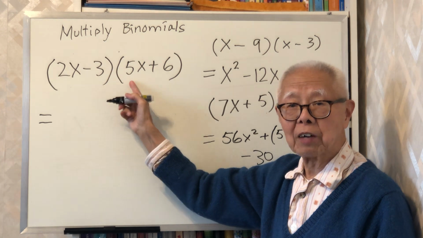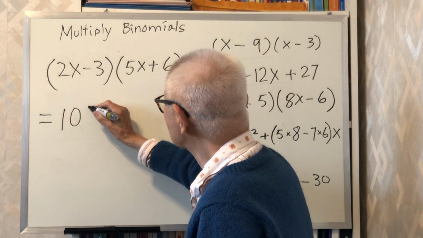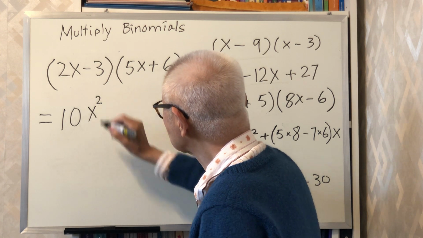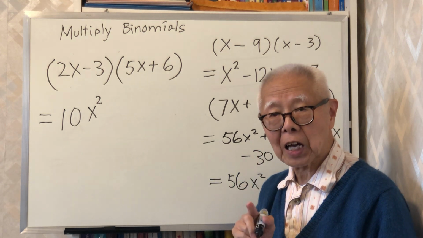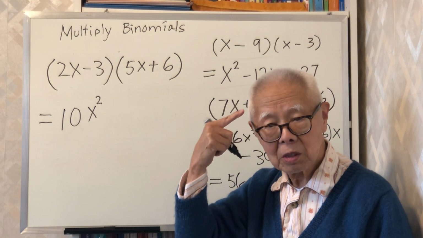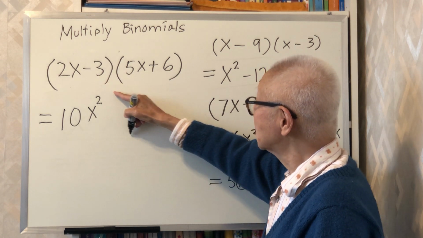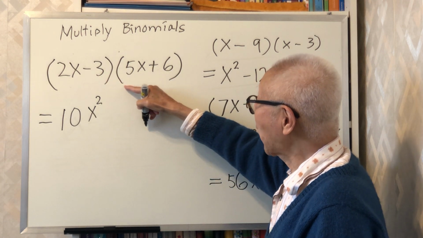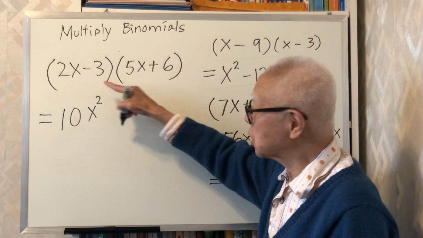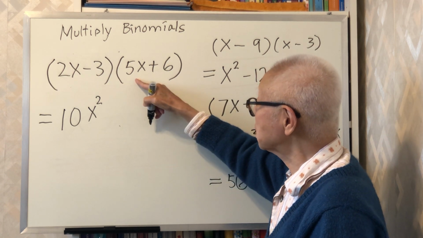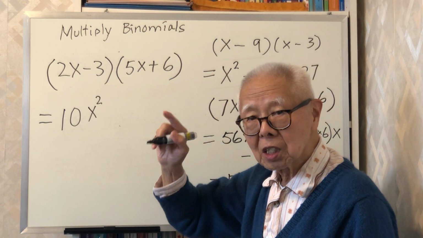Two times 5 is 10. Now, I want you to do the next step mentally. Mental calculation. Minus 15. 3 times 5 is 15. It's minus 15. 2 times 6 is 12.